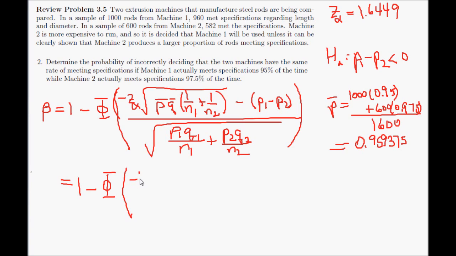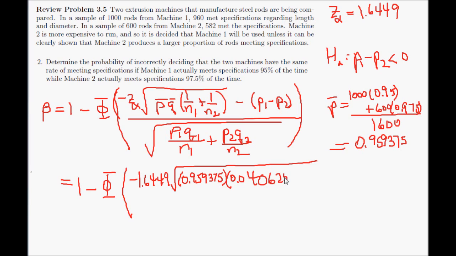This will be equal to negative 1.6449 times the square root, big square root, of 0.959375 times 1 minus that, 0.040625, times 1 over 1,000 plus 1 over 600, minus the difference.